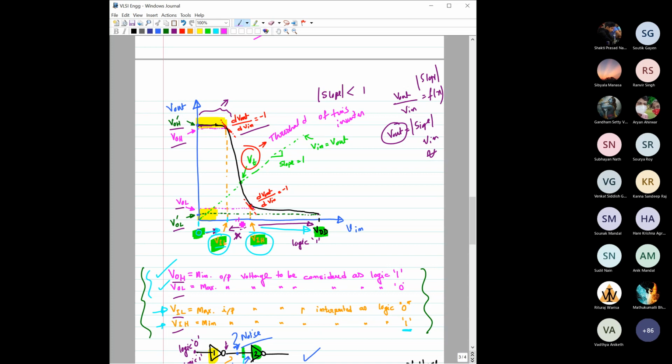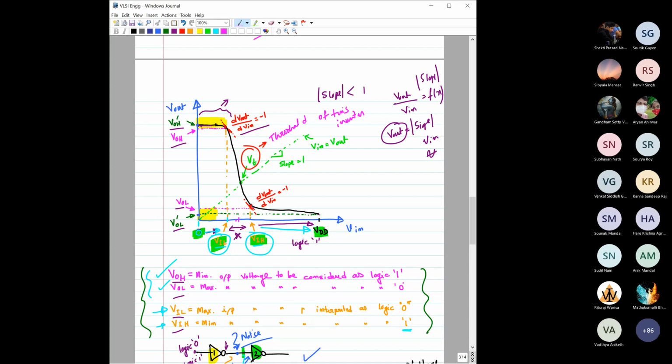If any input is given below this threshold, then for this inverter you are expected to get a logic high output. If any input is given beyond this VT, then you are expected to get a logic 0 output. That's how a threshold is defined for any digital logic gate.